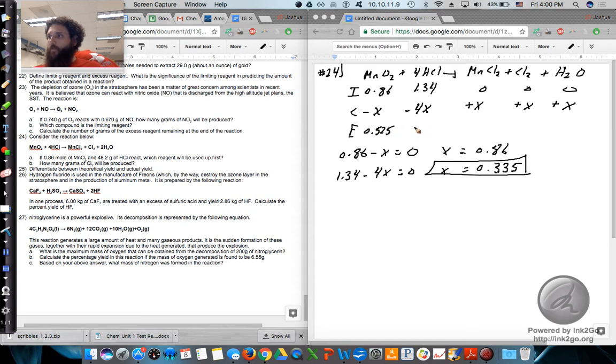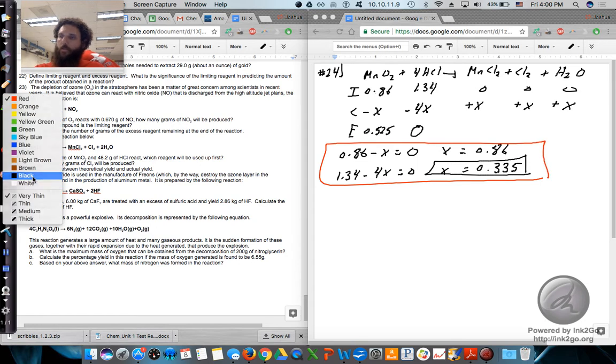This one, though, we're going to subtract 4x, and it should be 0, right, because that's our limiting. 0.335 times 4, and good, 0. Plug that in the calculator just to make sure we didn't make some kind of mistake with our calculations, but it turned out to be 0.